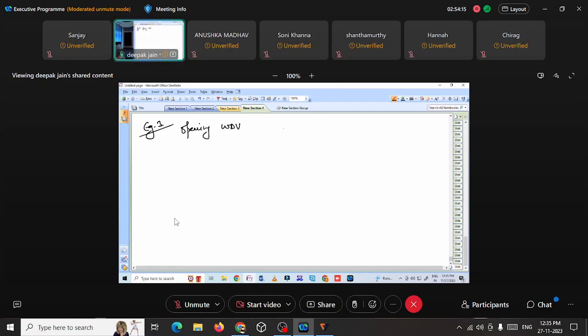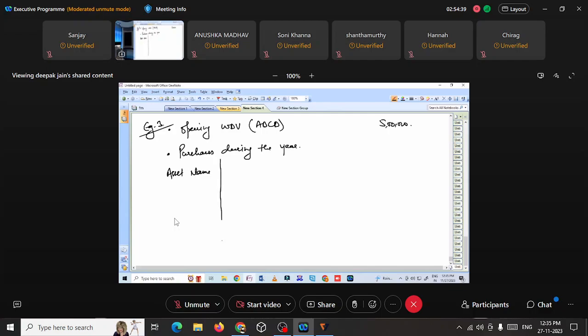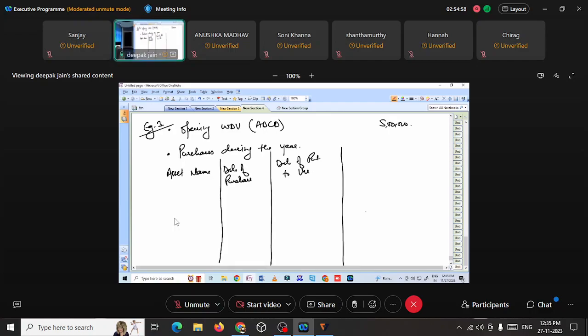Opening WDV: 4 assets, 5 lakh. Purchases during the year: asset name, date of purchase, date of put to use, amount.